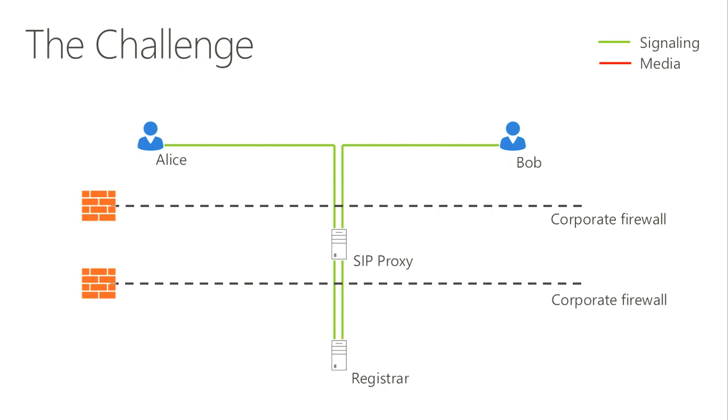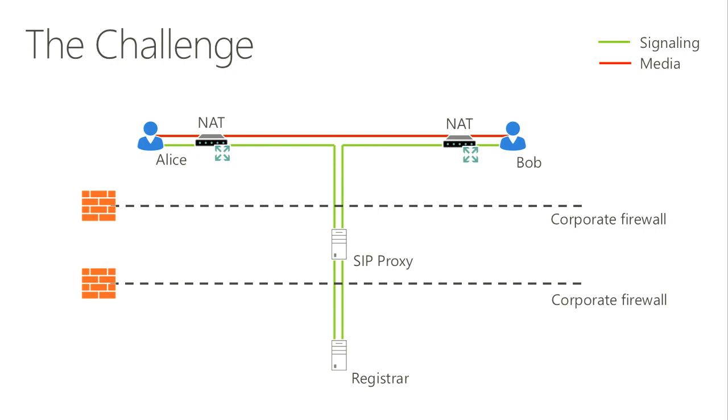And if they want to do a call now to each other, well, they can just have a call. Fantastic, no problem here. Well, there might be a problem. This will work as long as both of these endpoints have public IP addresses that allow a peer-to-peer connection. But most of the time, we don't have this situation. Most of the time, Alice and Bob might be sitting behind NAT devices.